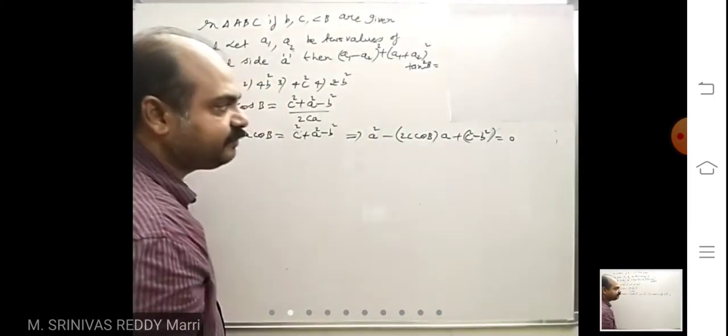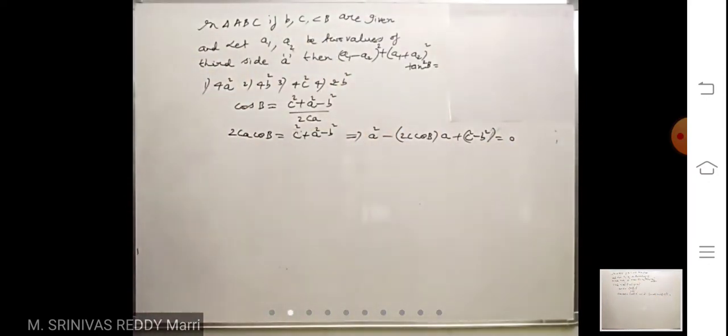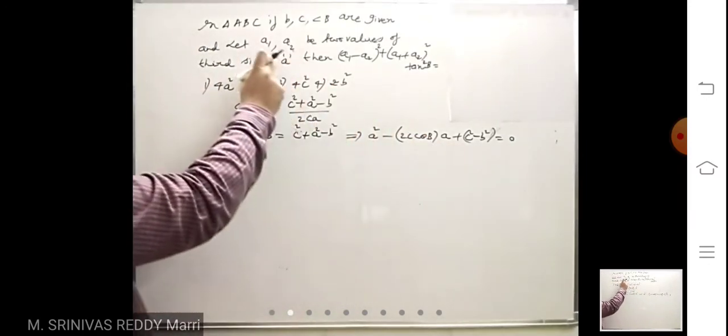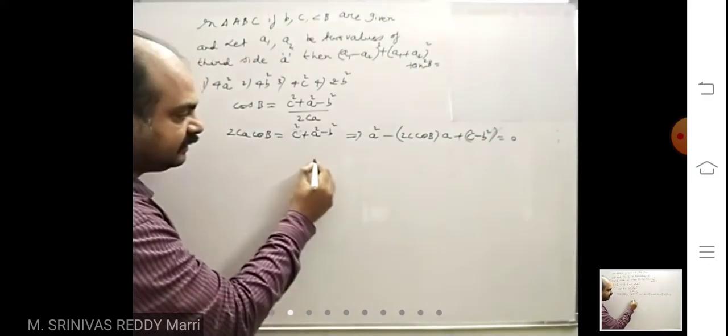In the previous problem, numerical data is there, that's why you got the quadratic equation. Now this is the quadratic equation, and he has told that A1, A2 are the two values for this equation.